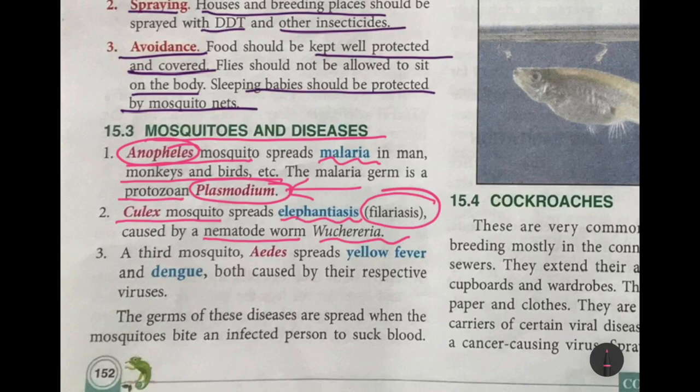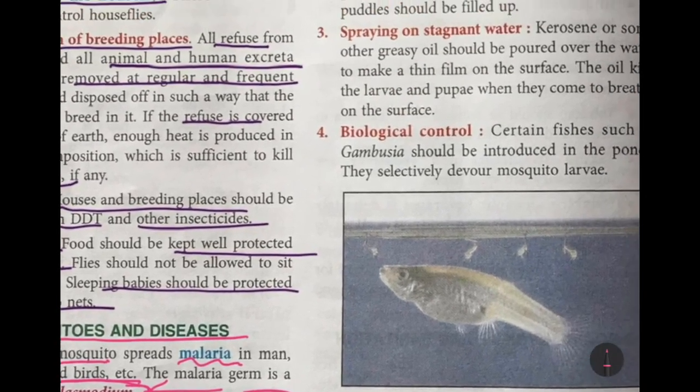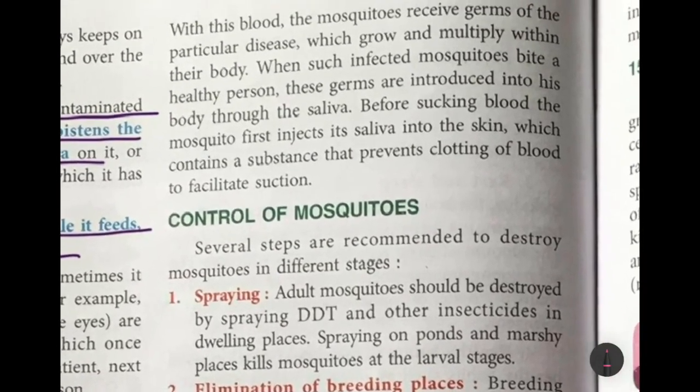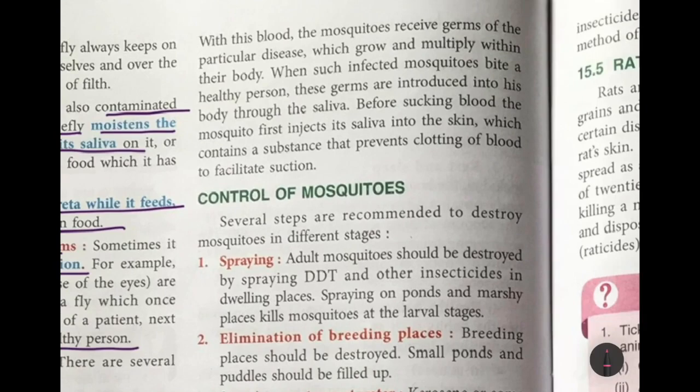There is another species of mosquito which is known as the Aedes mosquito, which spreads yellow fever and dengue. Yellow fever and dengue are caused by viruses, but they are spread by the Aedes mosquito. Now, the germs of these diseases are spread when the mosquitoes bite an infected person to suck its blood, and with this blood the mosquito also receives the germs which cause that disease.